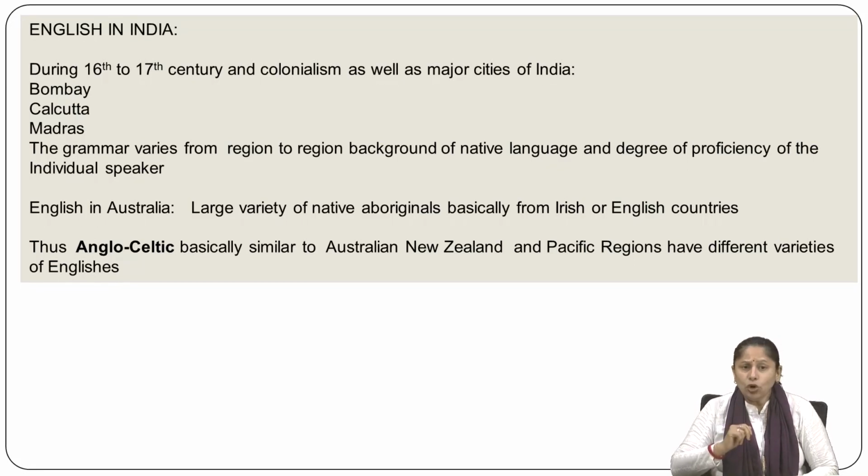Look, thus Anglo-Celtic, basically similar to Australia, New Zealand, and Pacific regions, have different varieties of Englishes. In Australia, there is a large variety of native aboriginals, basically from Irish or English countries.